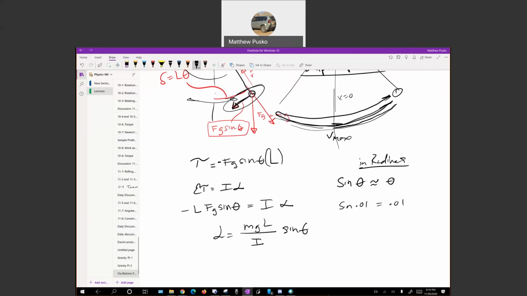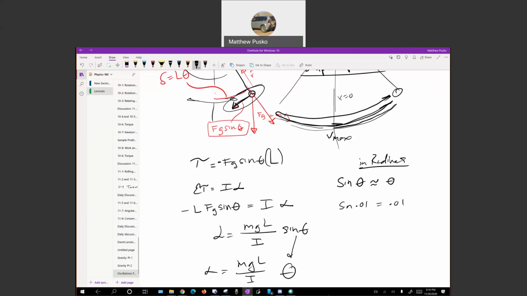Meaning we can just throw theta here instead of sine theta. And the book says it's a neat trick.